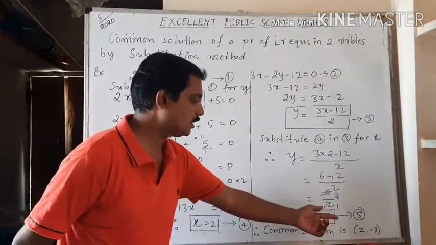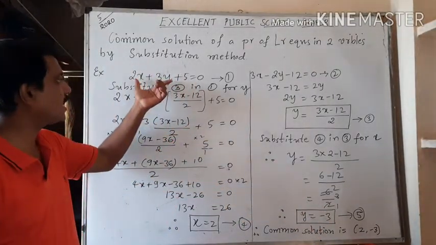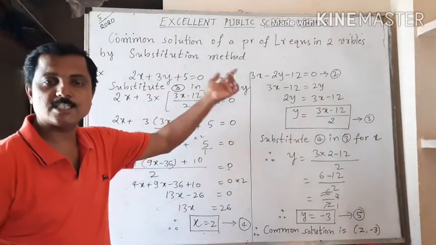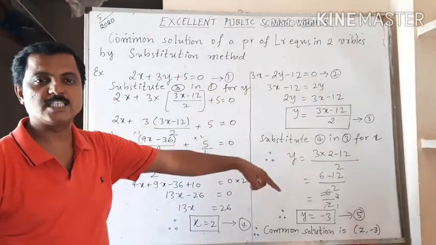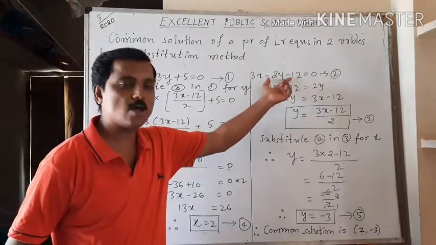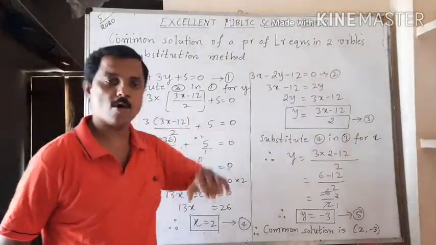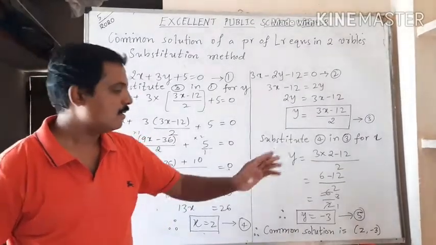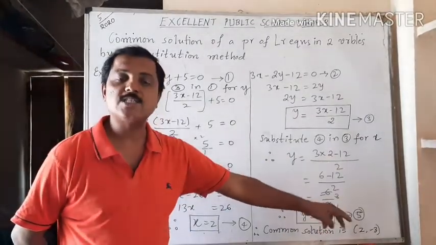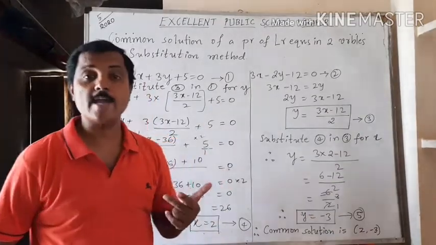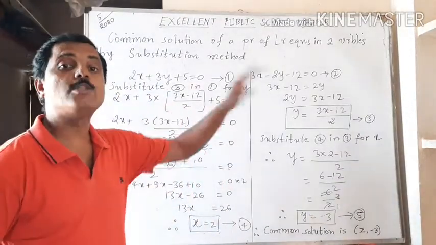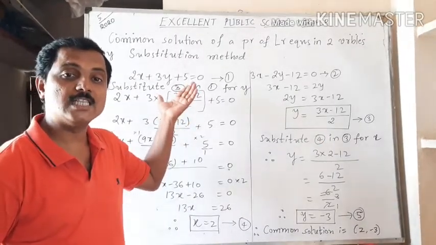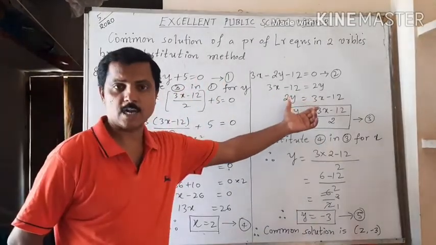If I put 2 and minus 3 for x and y here and here, LHS becomes equal to RHS in both. Thus 2 and minus 3 are such values of x and y which satisfy both the equations, making LHS equal to RHS in this equation and this equation also.